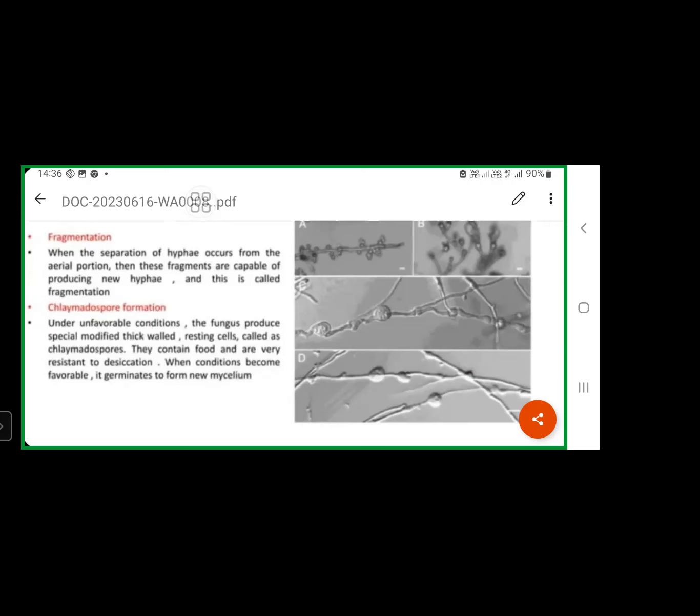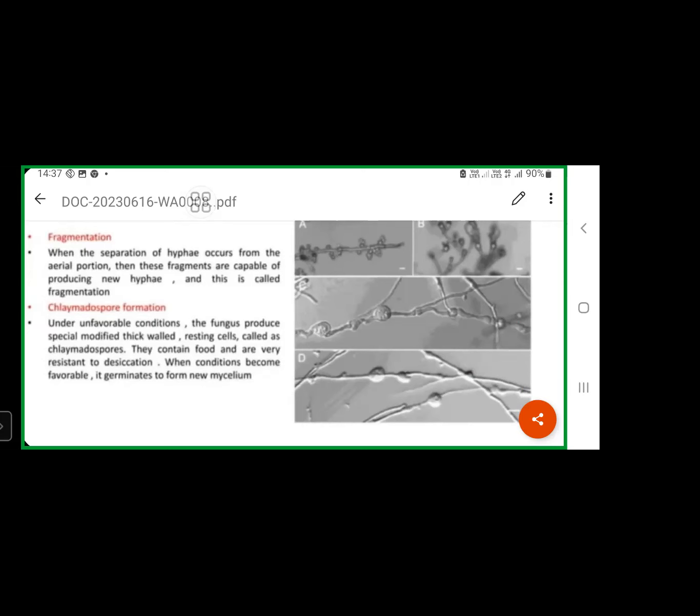Whenever conditions are favorable for growth, the wall will be ruptured and the chlamydospore will germinate into a germ tube, which produces mycelium. Like this, the fungal mycelium develops thick-walled cells called chlamydospores, by which the fungus escapes adverse environmental conditions.